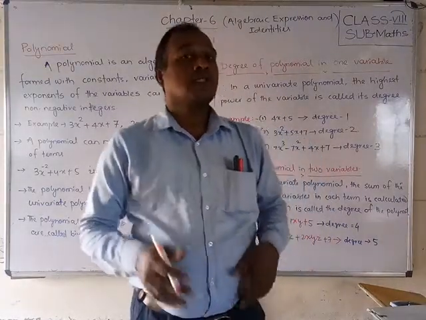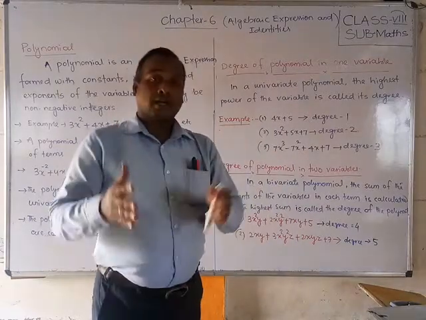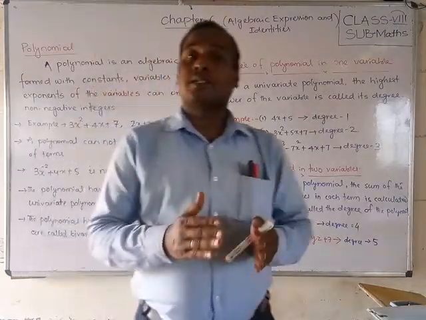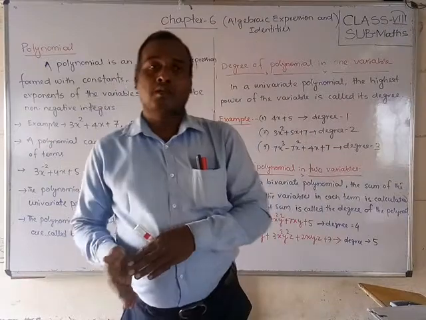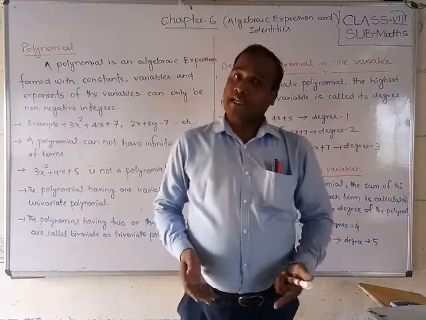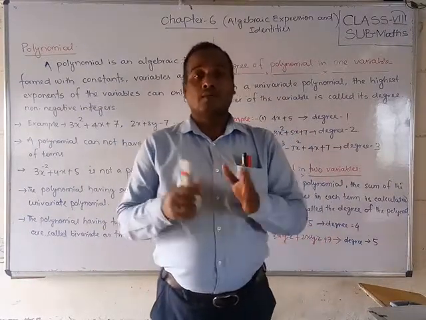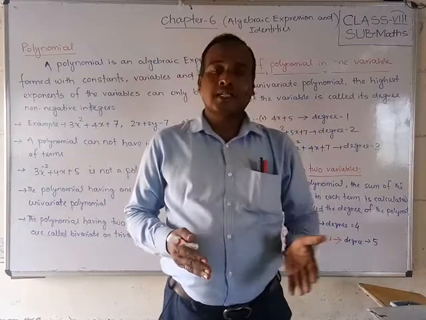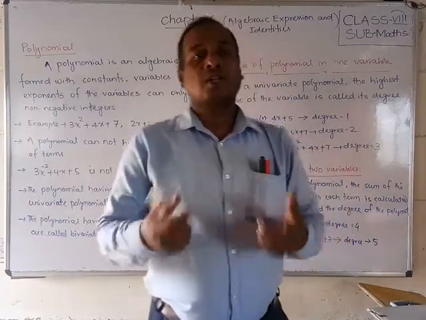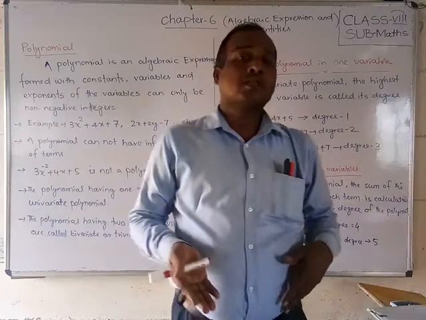Did you understand, students? So get the idea very carefully. Every algebraic expression cannot be a polynomial, but every polynomial is an algebraic expression. Why? Because an algebraic expression can contain different terms with negative exponents also.